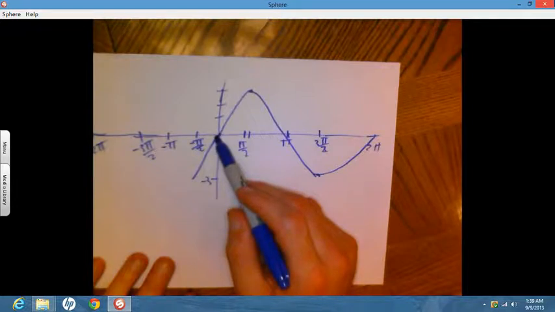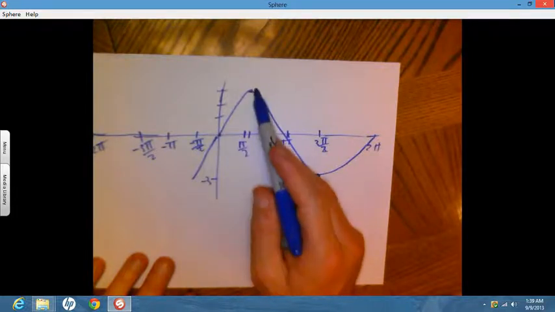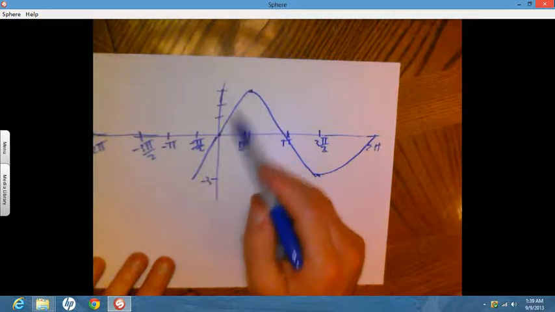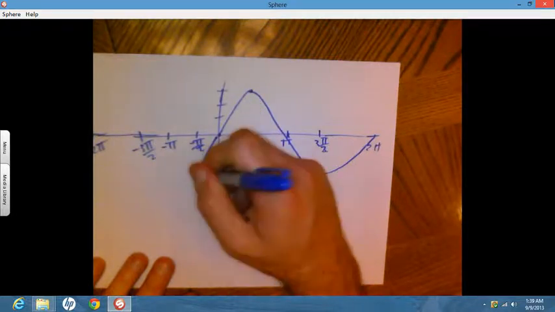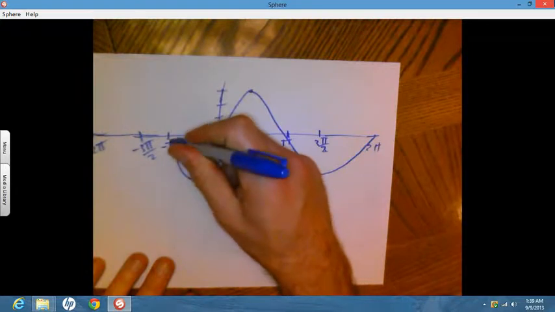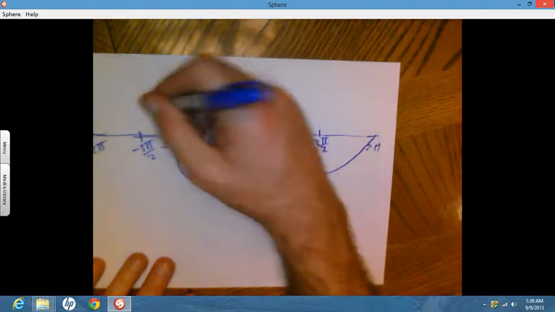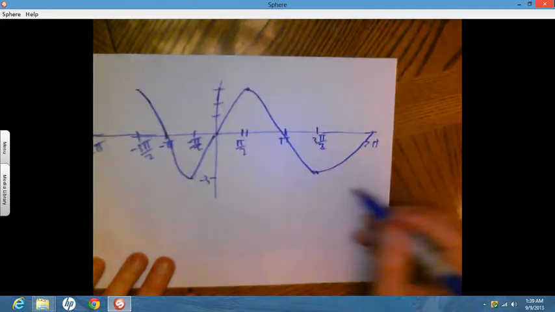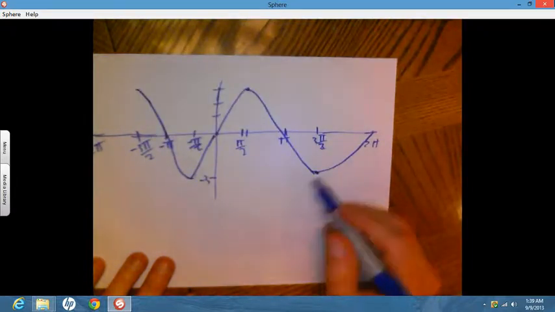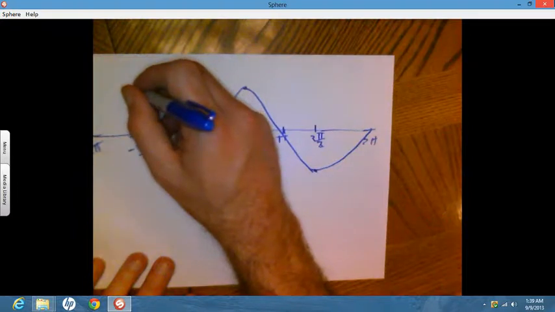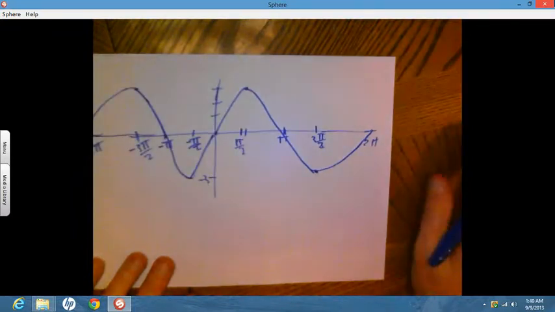And now it's going to be 0 again at negative pi, just using the fact it's an odd function. Then at 3 pi over 2, it's negative 1, so negative 3 pi over 2 is going to be positive 1, and negative 2 pi is 0. So the function looks something like this. My drawing is not great, but it's essentially what the function looks like, and that's f of t is equal to 3 sine of t. Okay?